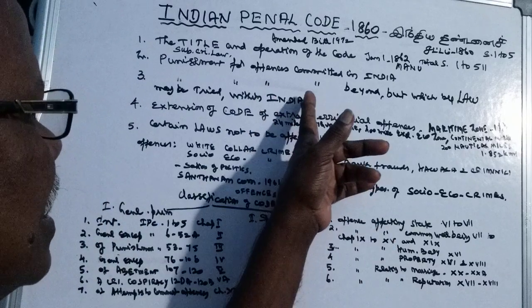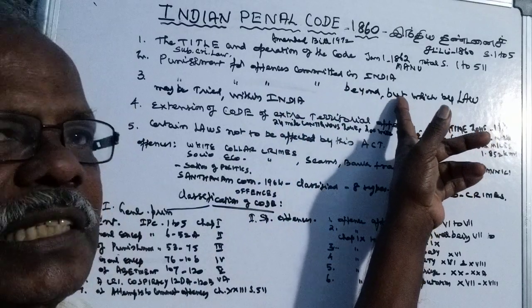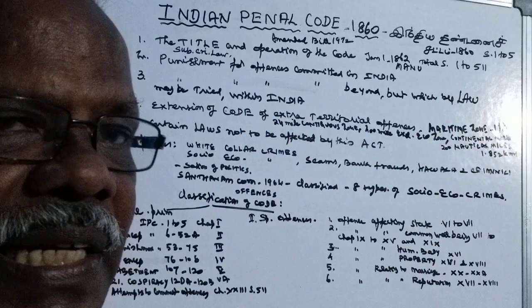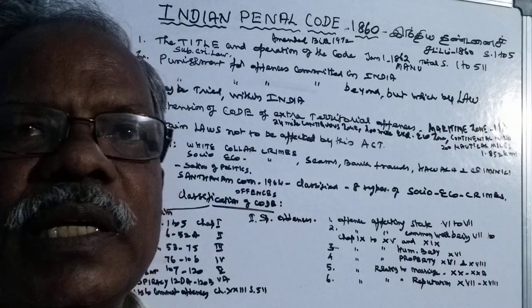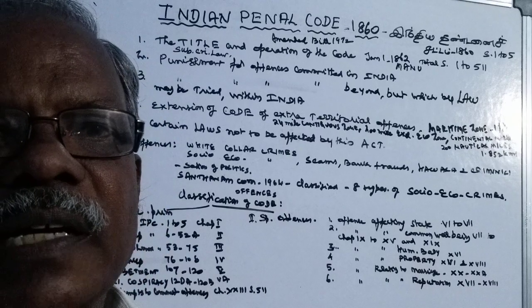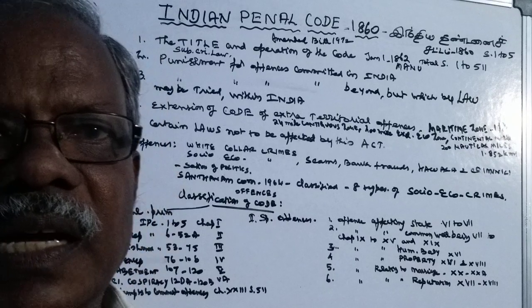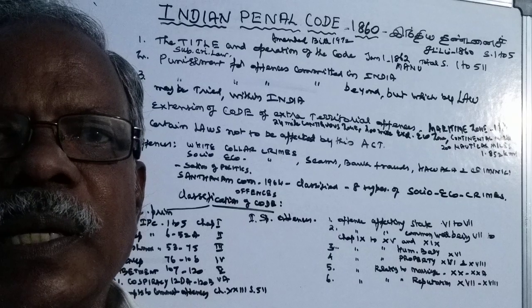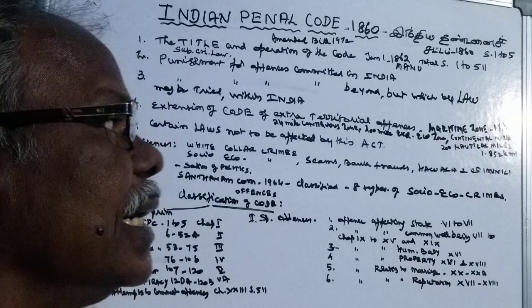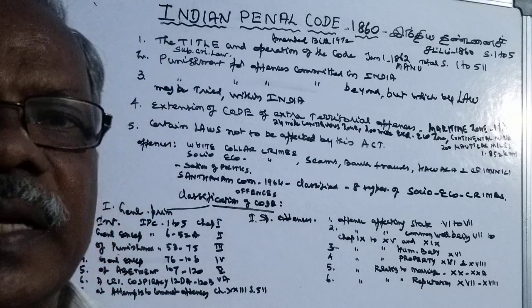That is, section 3 says punishment for offences committed beyond India, but which by law may be tried within India. Though he has committed the offence outside India, it will be treated on par with offences committed in India, punishment will be given accordingly, and it will also be tried in India.